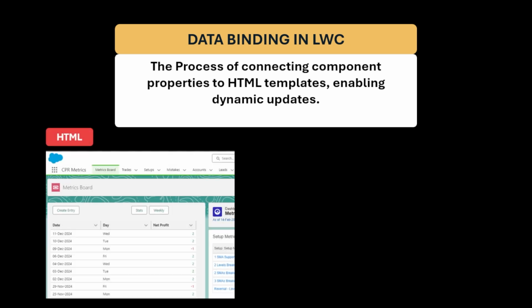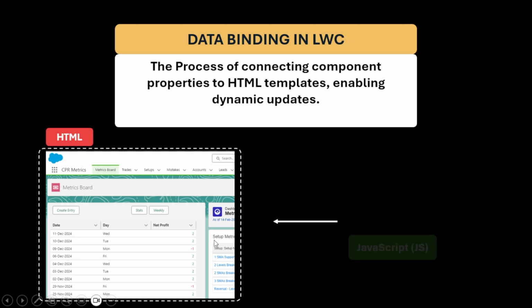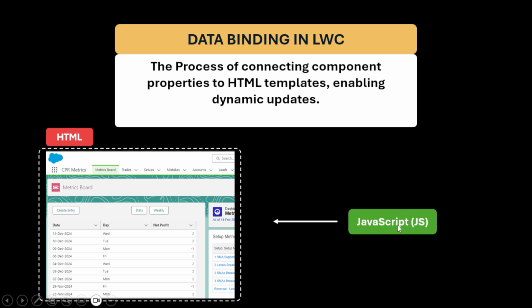Let's say this is a LWC component, right? From where is this data, whatever is visible on the screen, coming? It is all coming from JavaScript. JavaScript is sending data into our HTML. So this is known as binding basically.